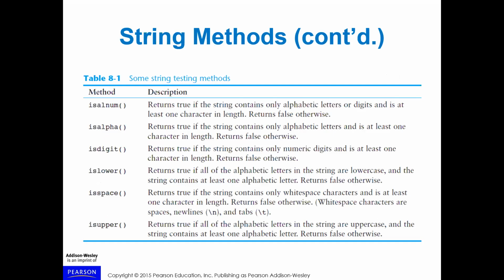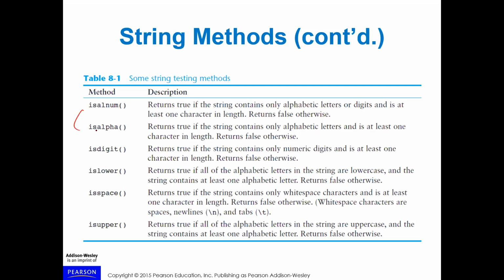Now here we have a few string methods that we are going to sort of play with today. You can see we have isalpha, isalnum, isdigit, islower, isspace, isupper. As the name implies, isupper returns true if all alphabetic letters in the string are uppercase. isspace returns true if it contains only white space characters. islower if it's lowercase. isdigit, we've talked about that.